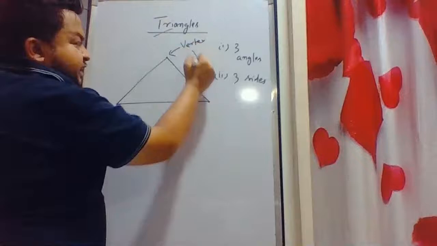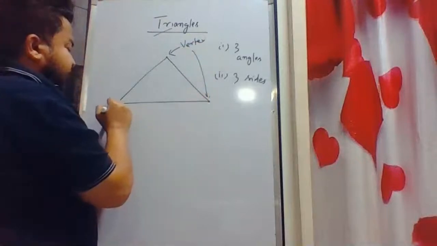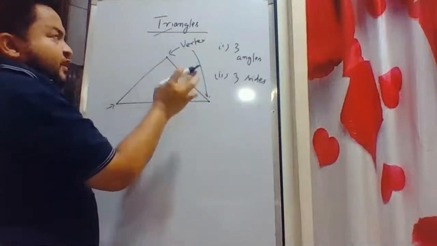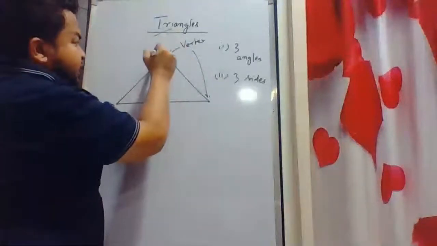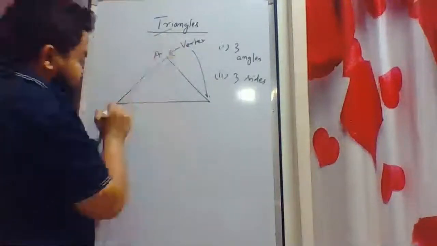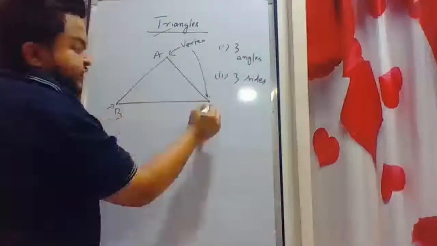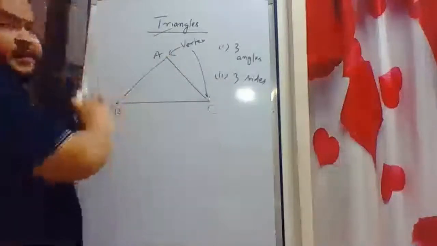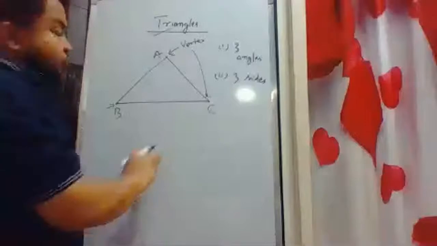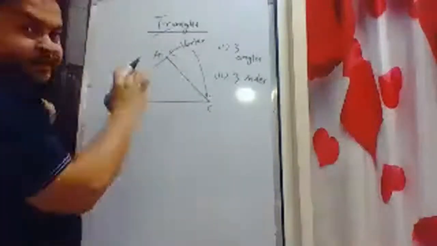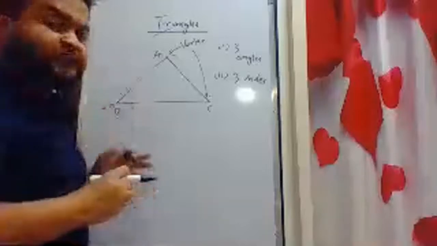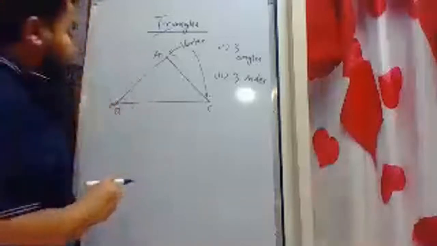This is a vertex, this is a vertex, and this is a vertex. And how do we denote them? We may use any letter of the English alphabet. Say I'll say this is A, this is B, this is C. Again, it's not mandated that you name it ABC. You may even name it PQR, XYZ, whatever you prefer.